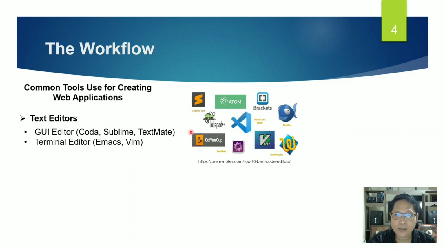These are other examples of text editors: Atom, Brackets, Bluefish, TextWrangler, and CopyCat. And we also have our modern editor, Visual Studio Code. I think this is the most commonly used nowadays.